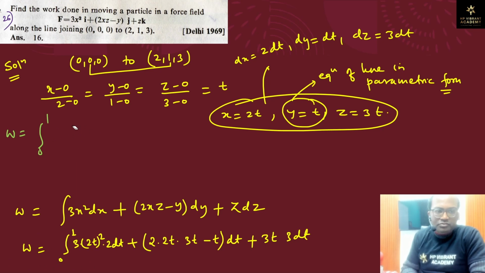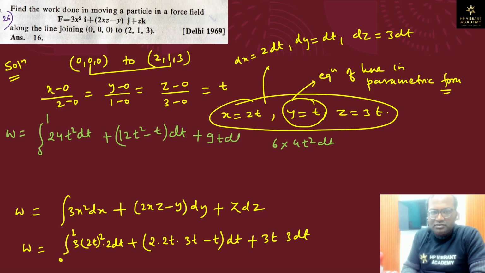So this is equal to 6 into 4t square. This is 4t square and this is 6, 24t square dt plus, this is 4 3s are 12, 12t square minus t dt plus 9t dt.